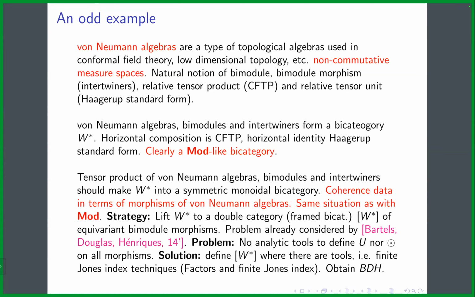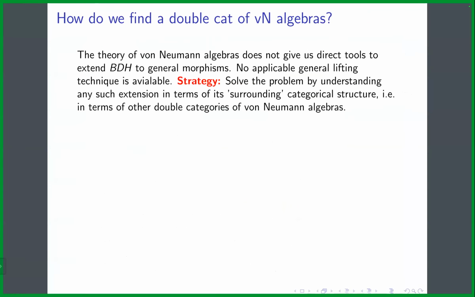So, okay, they have this double category BDH, but can we get a general double category of general von Neumann algebras, or just factors, and general morphisms between them, not necessarily finite Jones index? The problem is that the theory of von Neumann algebras does not give us direct tools to extend BDH to general morphisms.